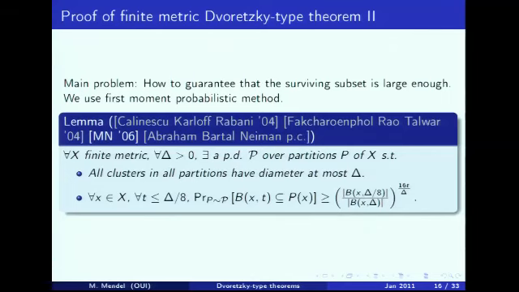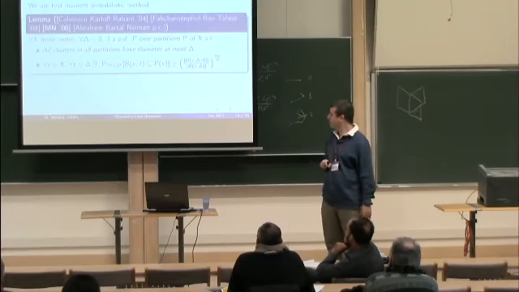So fortunately, there is this lemma that says that for any finite metric space, there exists a probability distribution over partitions of the metric space with the following property.